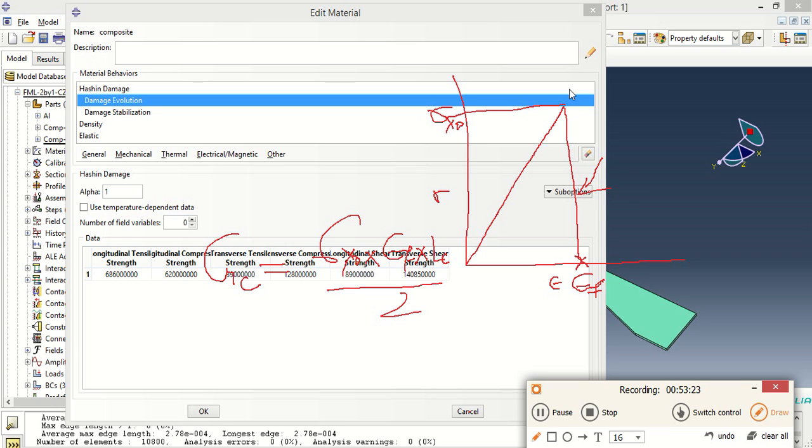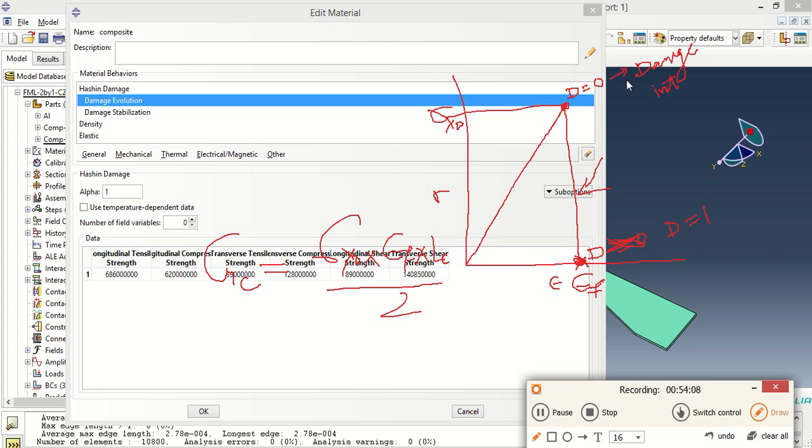Damage evaluation takes place at D equal to 0, where the damage is initiated. Sorry, this is not D equal to 1, this is D equal to 0. So D equals 0 is your point where the damage is initiated, and D equals 1 is your point where the fracture takes place.